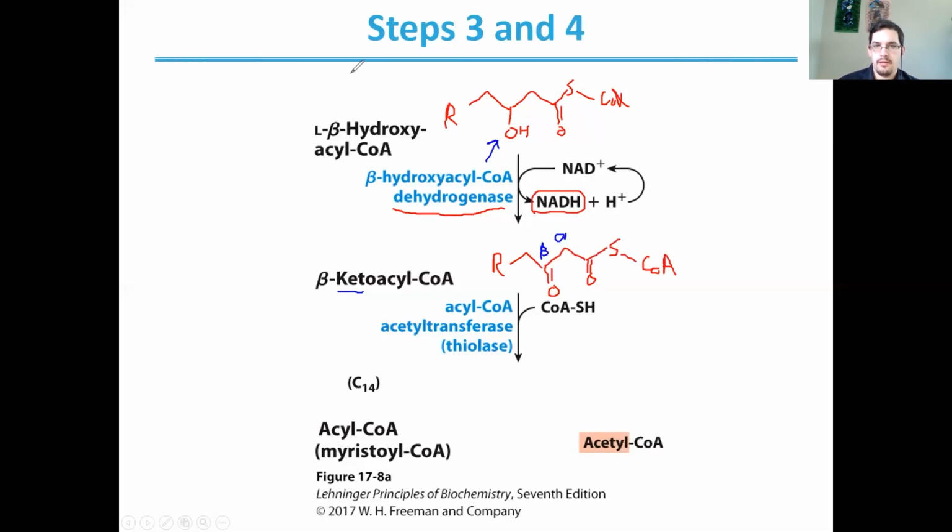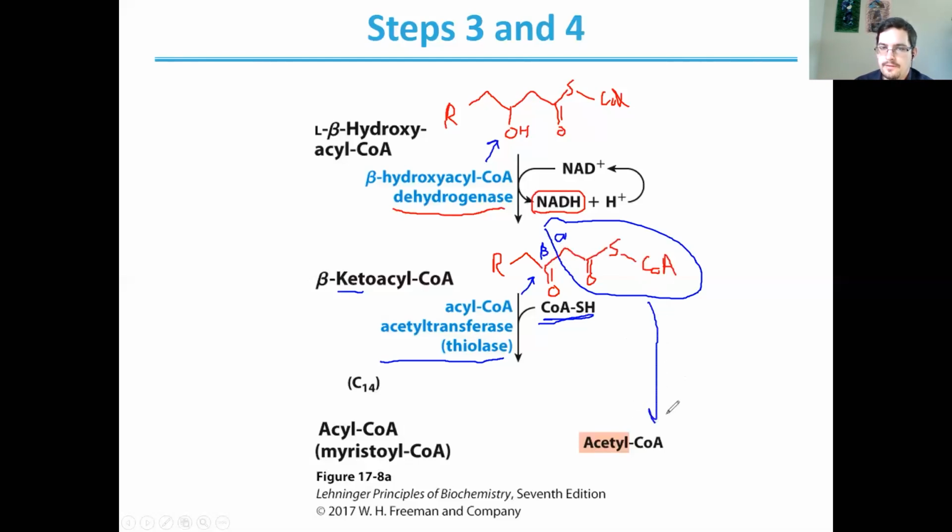So now at this point, we have our 2 carbons over here that make up a single unit of acetyl-CoA. And our next carbon has been oxidized to a carbonyl. So the only thing we need to add is another unit of coenzyme A, and that can attach here and make our thioester. So this step is going to use an acyl-CoA acetyltransferase, or a thiolase, which is going to cut off our single acetyl-CoA unit.